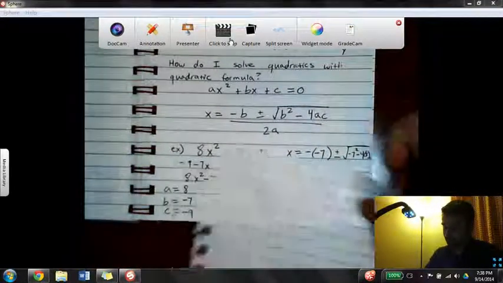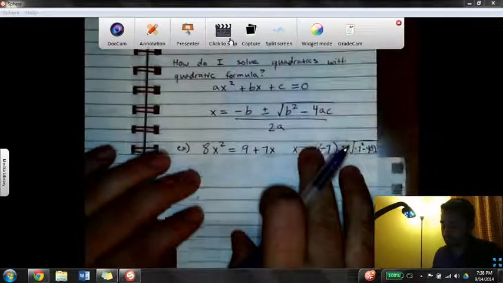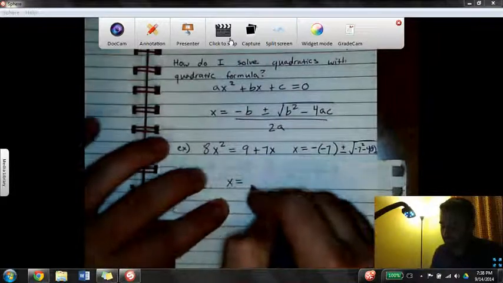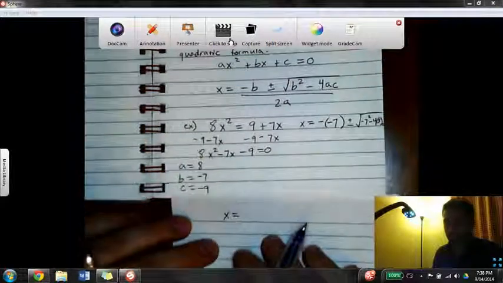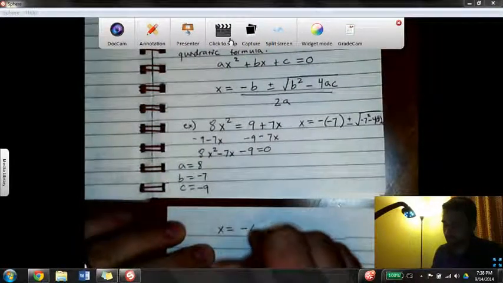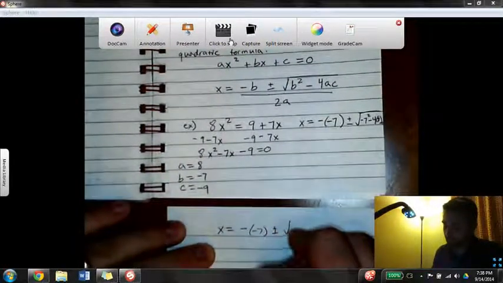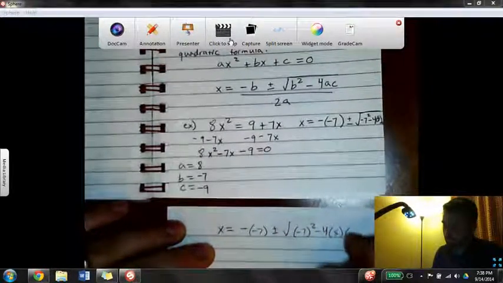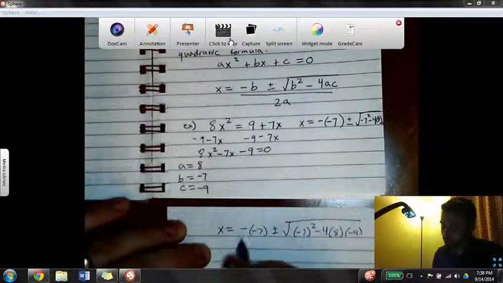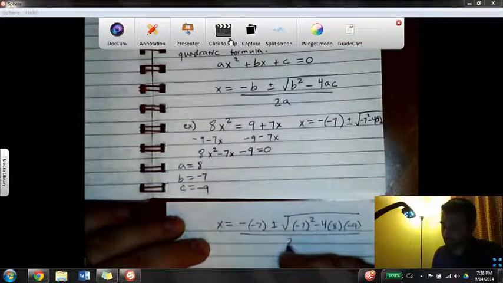Let's write this on a different page so we can see it. All divided by 2a.